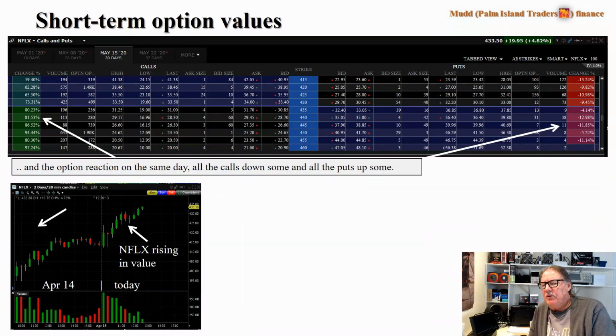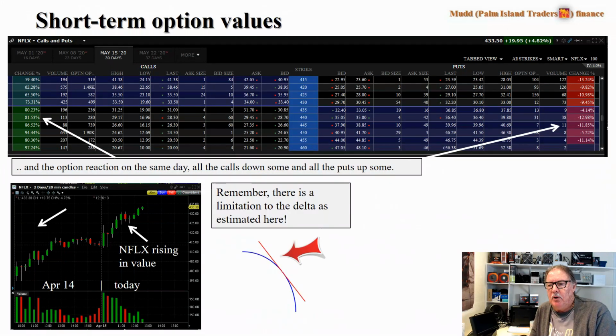There are some limitations, though, to the delta, and I'm using the Black-Scholes version of the delta here because it's built into the model that I gave to you to play around with. That's where the delta is coming from. You may recall that there's a limitation to the delta because it is a tangency estimator in a very nonlinear system.